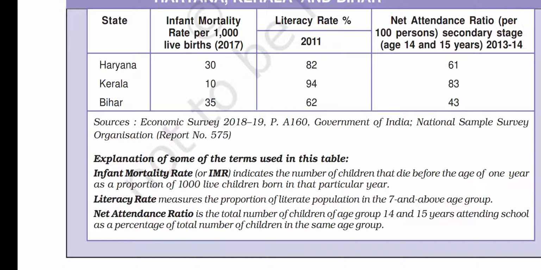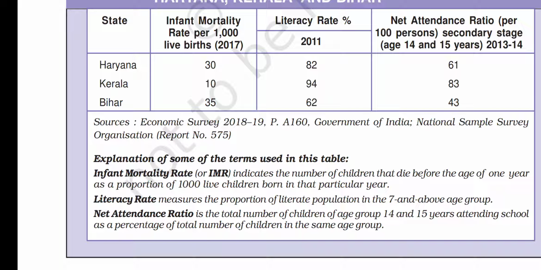Literacy rate measures the proportion of literate population in the 7 and above age group. Okay, you will remember in class 9 you have learned that according to the 2011 census, a person above the age of 7 who has the ability to read and write any language with understanding will be called literate.